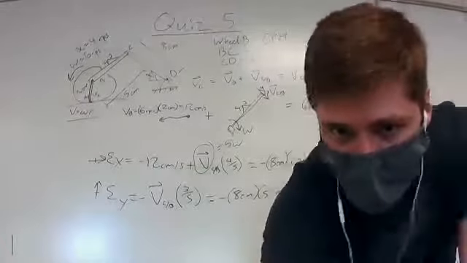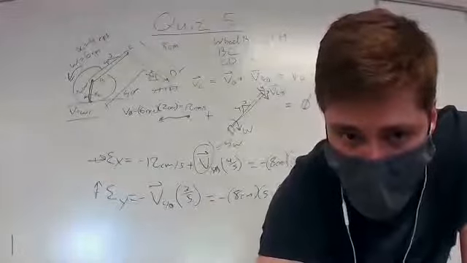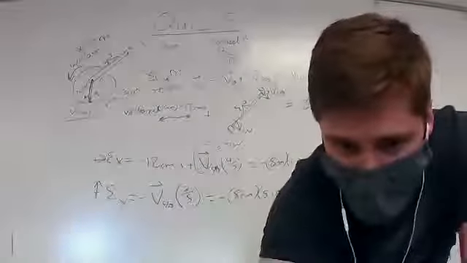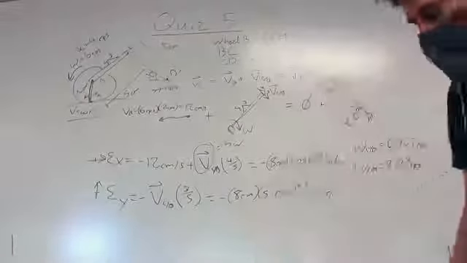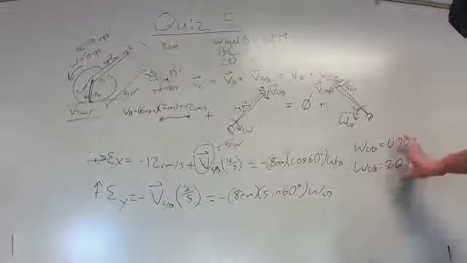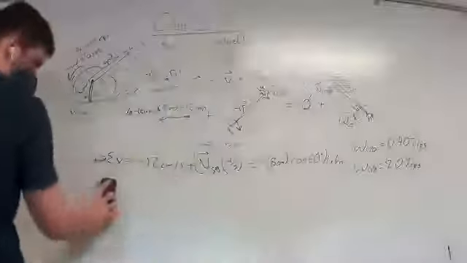So that was the angular velocity. The problem also wants us to find the angular acceleration as well as the acceleration of point C. I'm going to leave these written here.